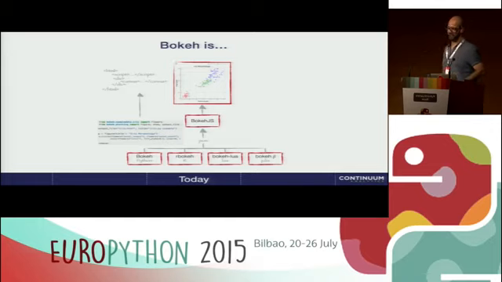Bokeh is by design separated in a few parts that let your Python code talk with your UI, your front-end code, or at least generate your stuff. Basically, the path to render your plot on the browser is generated by a specific bokeh.js library written in JavaScript, CoffeeScript, that consumes JSON blobs.